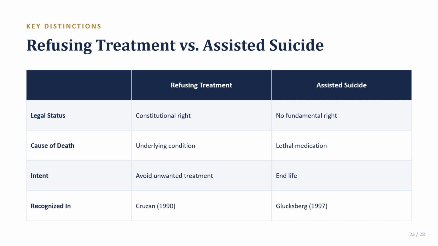Glucksberg holds only that the federal Constitution does not require states to permit assisted suicide. It says nothing about a state choosing to permit and regulate it through its own state law, which is exactly the same federalism structure that we saw in Dobbs, returning abortion to the states.